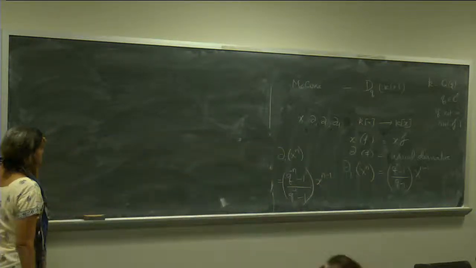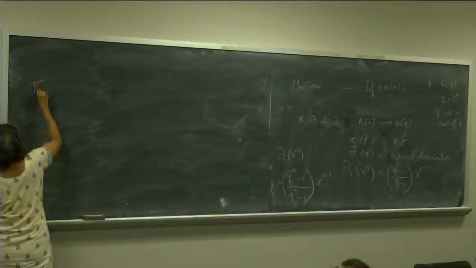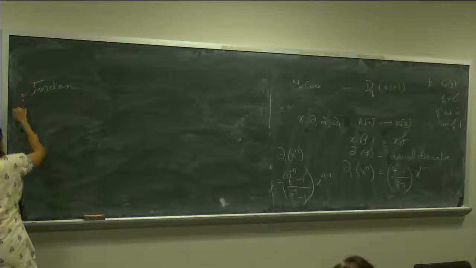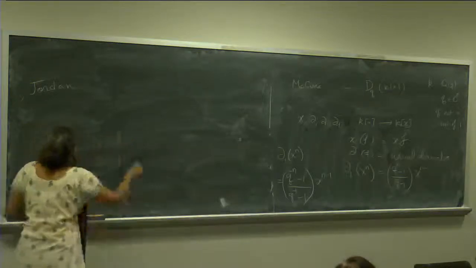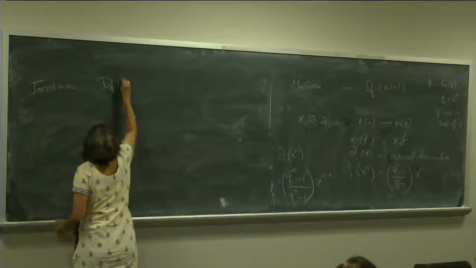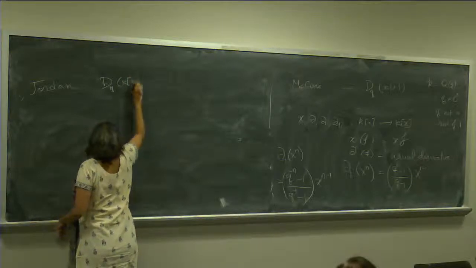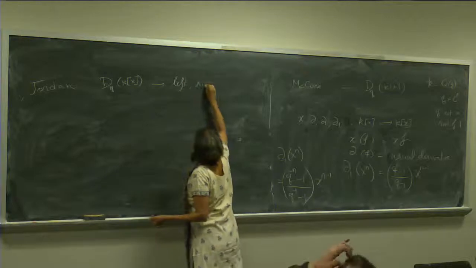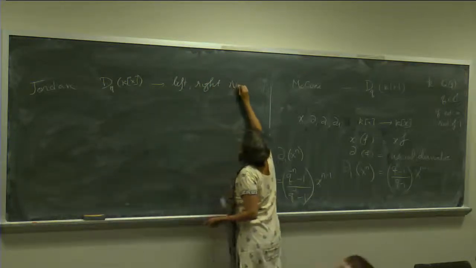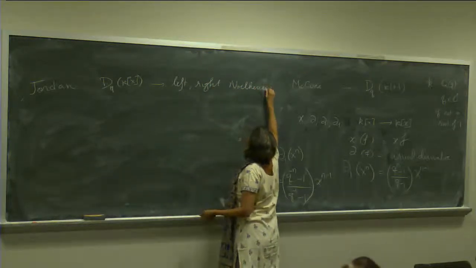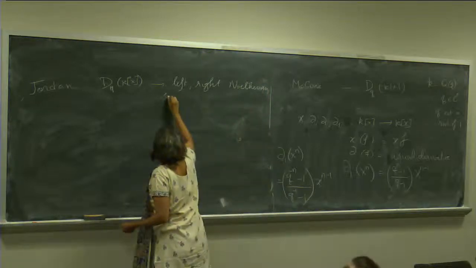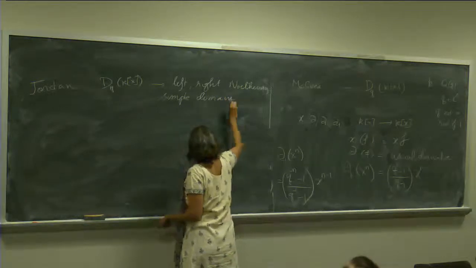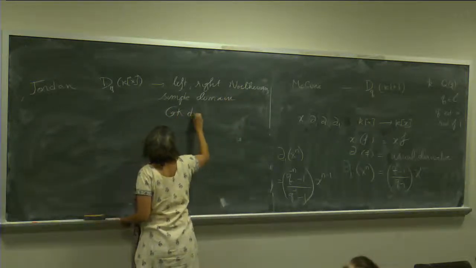Okay. So Jordan and I had studied this particular algebra. We have shown that this is left-right Noetherian. It is a simple domain, GK dimension 3.